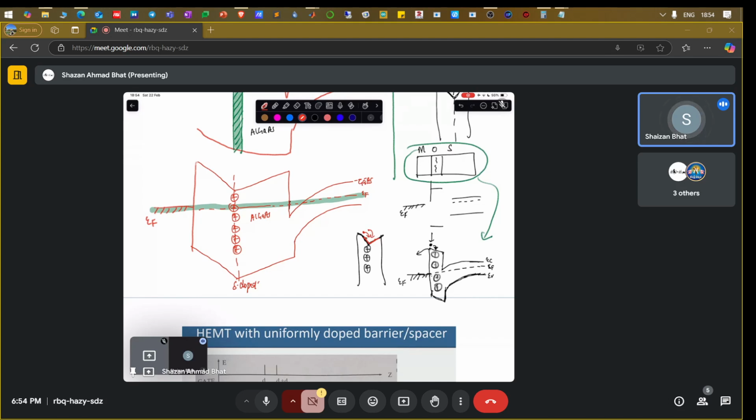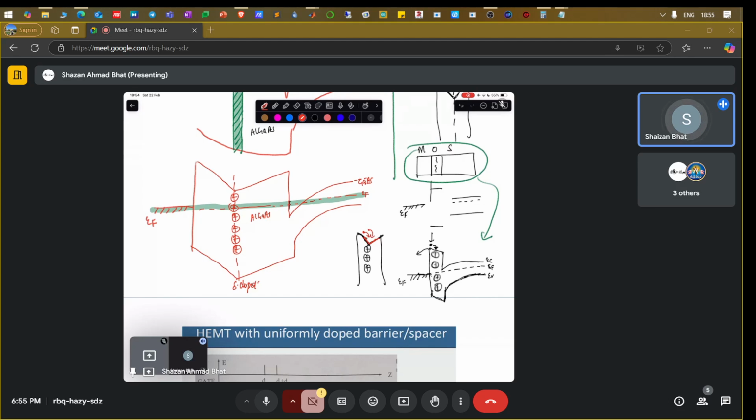Here the conduction band is crossing the Fermi level. The Fermi level is flat in the middle, and here the energy difference EC minus EF should be less because it's n-type on this side. EC should be closer to EF. So you have to ensure it every time while drawing the Fermi level. So this is the overall band diagram now.